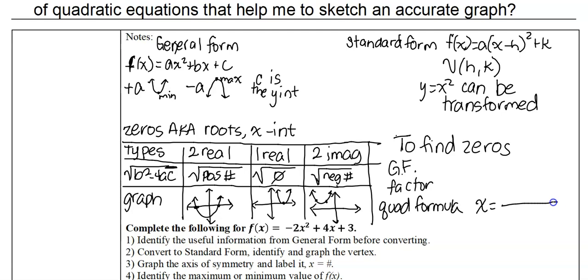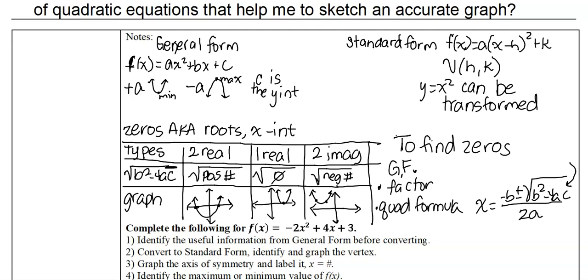So x is equal to, remember, negative b plus or minus the square root of b squared minus 4ac all over 2a, where this value here determines the types of zeros that you have. Okay, if it's in general form, those are typically the most familiar and popular ways to find your zeros.